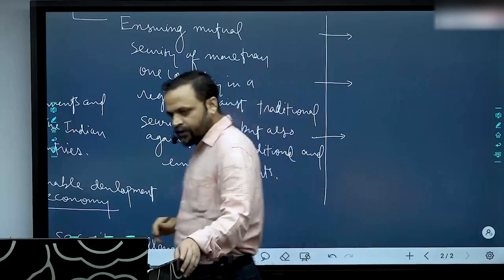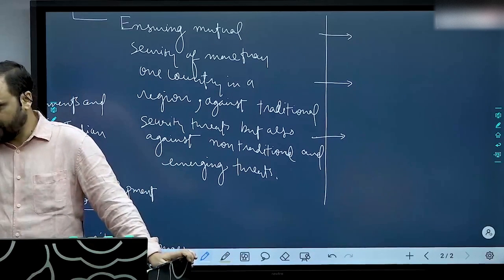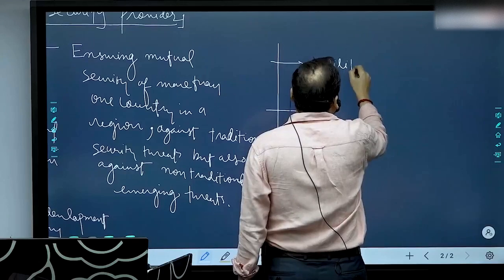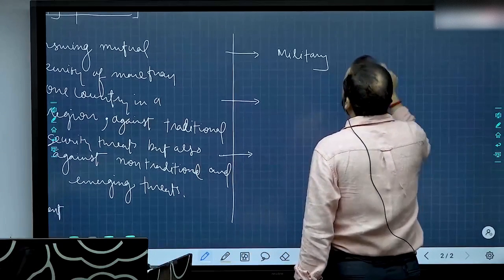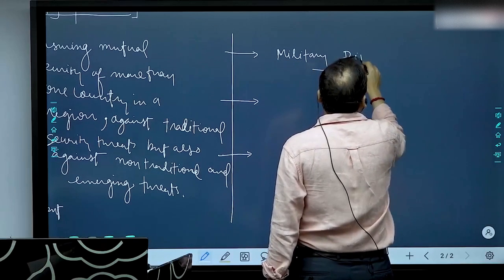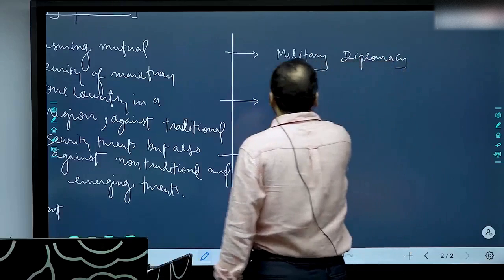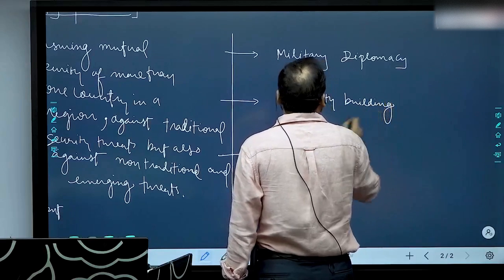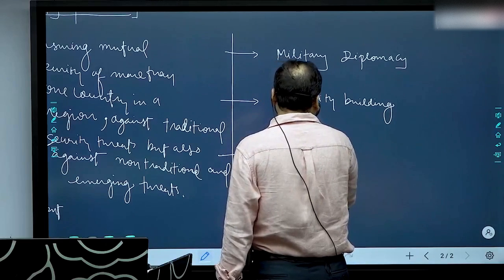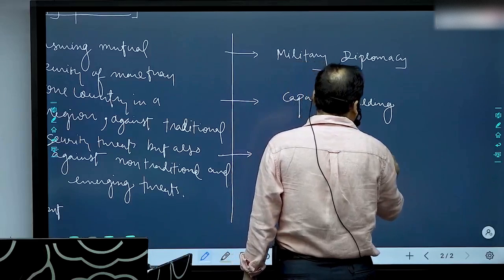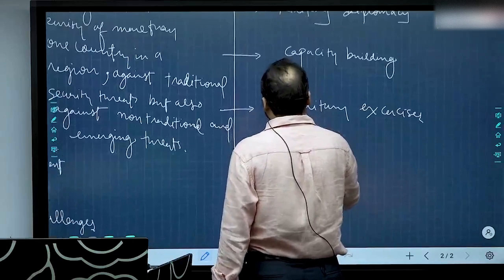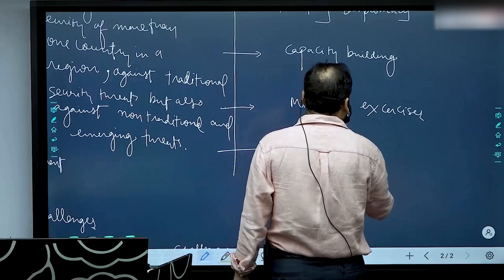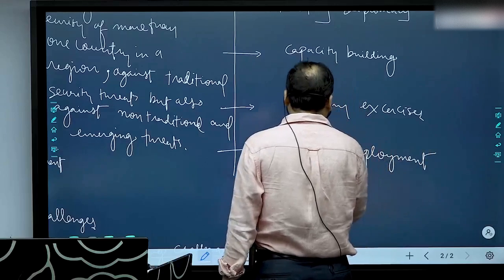Generally, the role of a net security provider, if a country has to become a net security provider, if India has to become net security provider in this region, involves steps like military diplomacy, steps like help in capacity building, involves steps like military exercises, involves steps like direct deployment of forces.